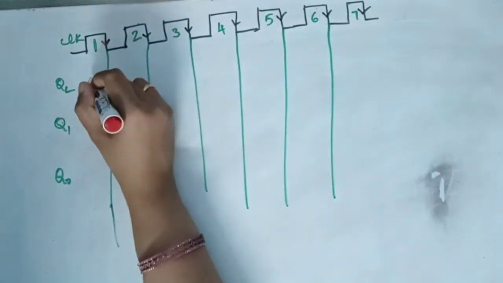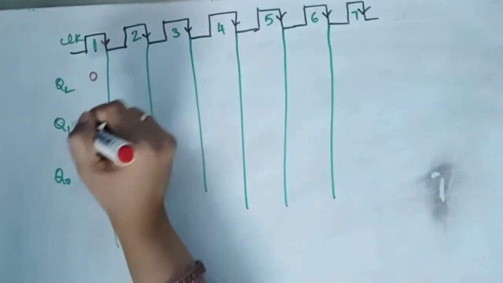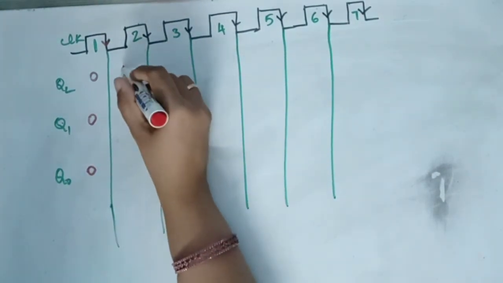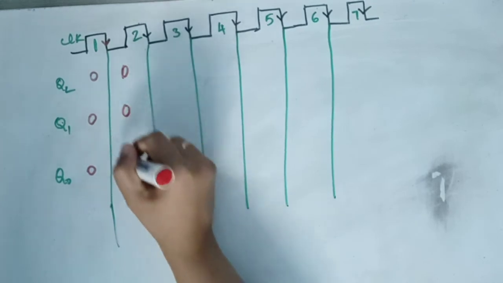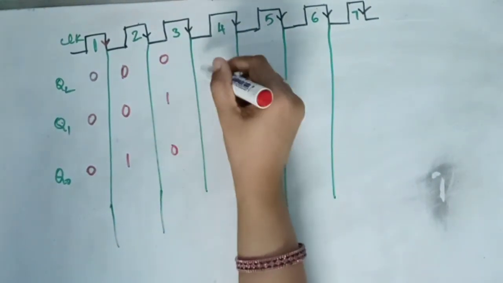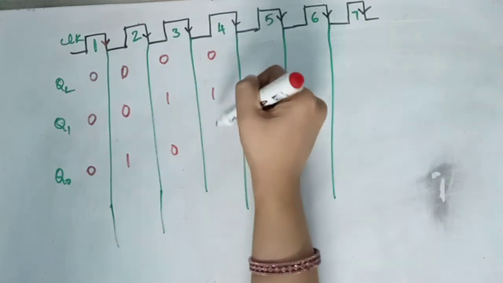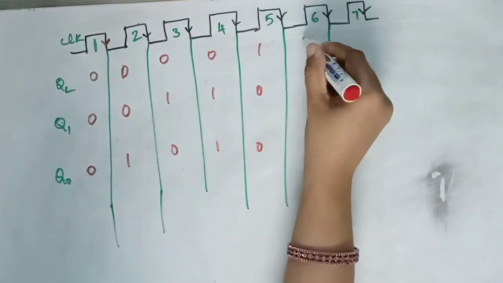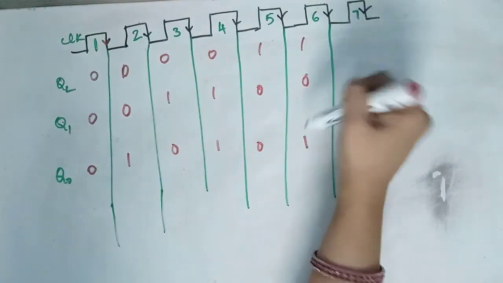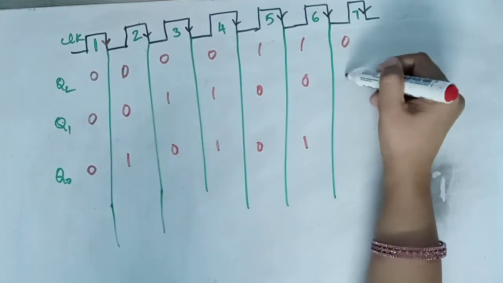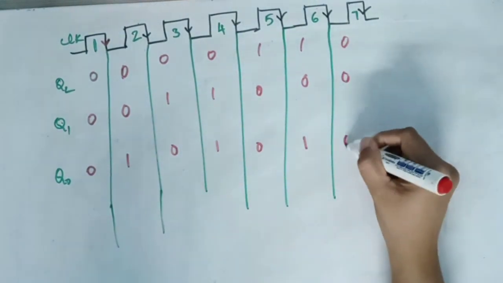So the initial state will be 0. Then I'll get 1, 2, 3, 4, 5. Again it will go to 0.